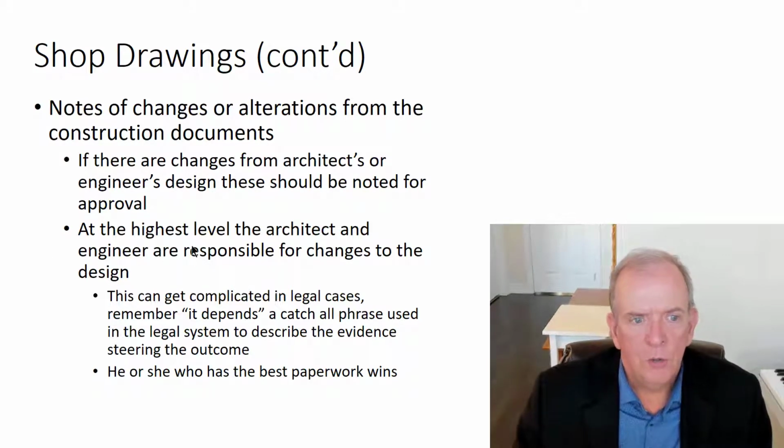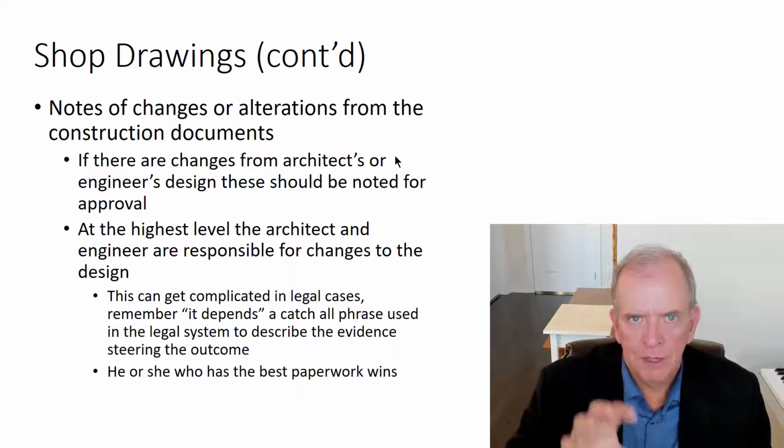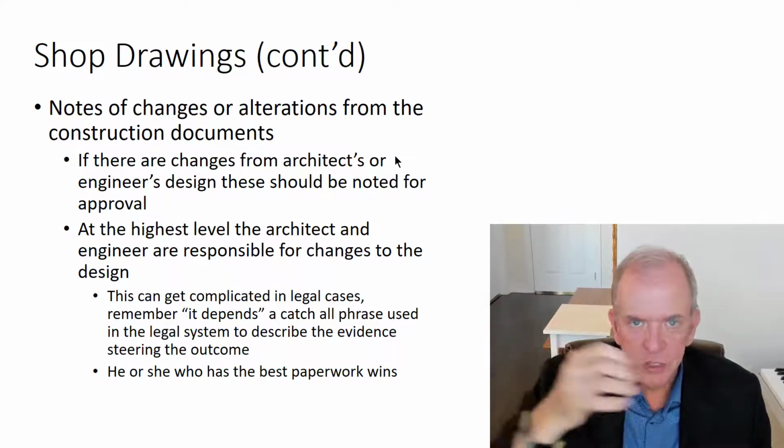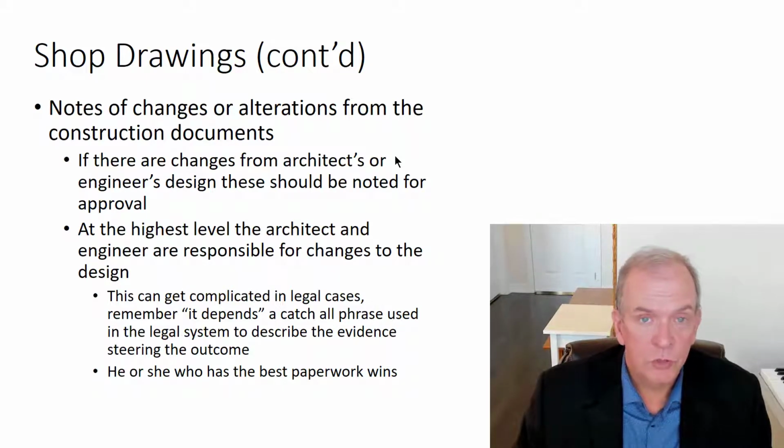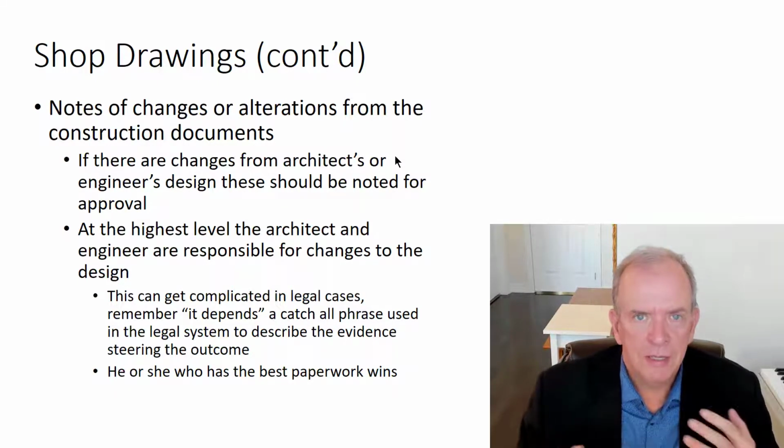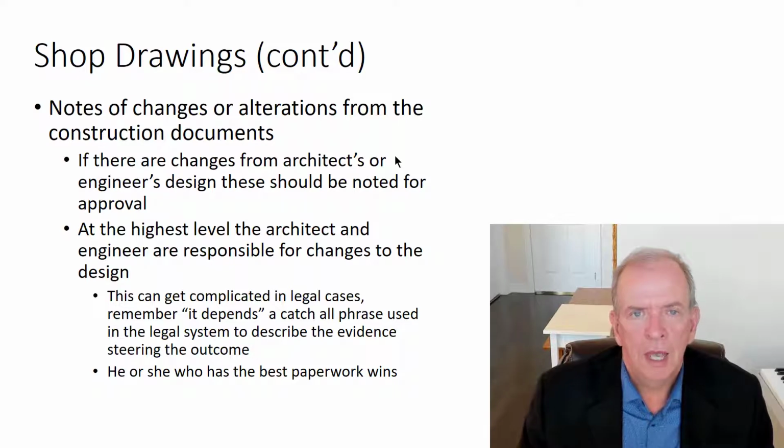So if an architect or an engineer misses something on the review documents, but it was kind of hidden in the review documents and it should have been pointed out that this is a definite change, then it depends. It depends how that's presented, how it was shown to the design person, how it may have been easy for them to miss and it should have been highlighted, not buried in the document. So these are gray areas that you have to be cognizant of and careful about.